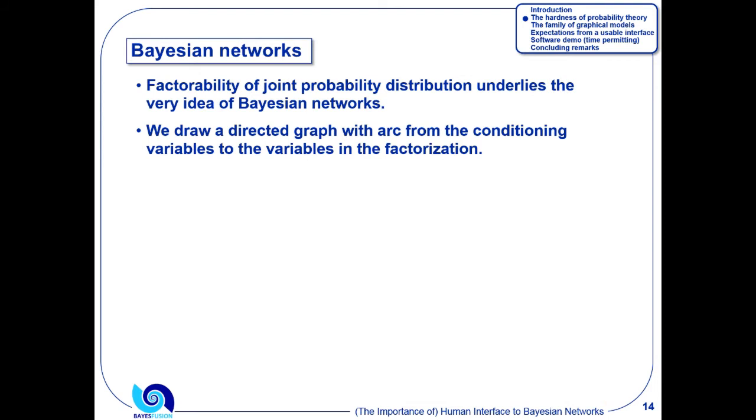Bayesian networks are typically presented in textbooks. If you take any textbook on Bayesian networks, the authors usually start from the factorizability of the joint probability distribution. This is the very idea of Bayesian networks.